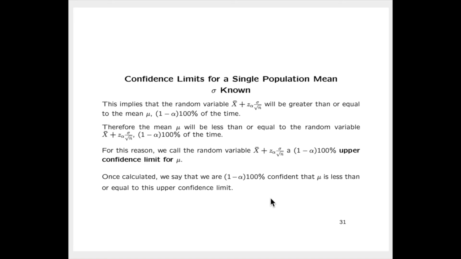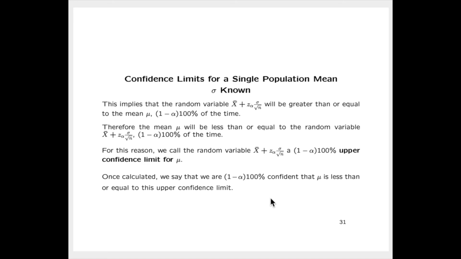And the way that we interpret this statement is that we know that we are using a process that has the probability of obtaining a sample for which this random variable is greater than or equal to mu, the probability being 1 minus alpha. So that's the way that we interpret this phrase 1 minus alpha times 100% confident.